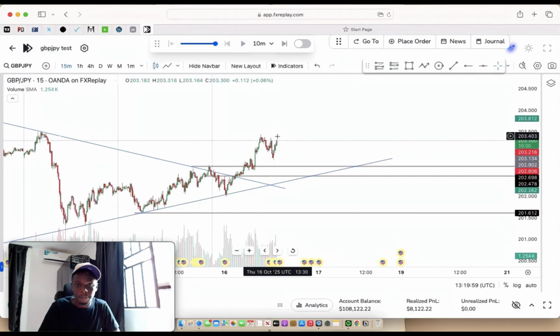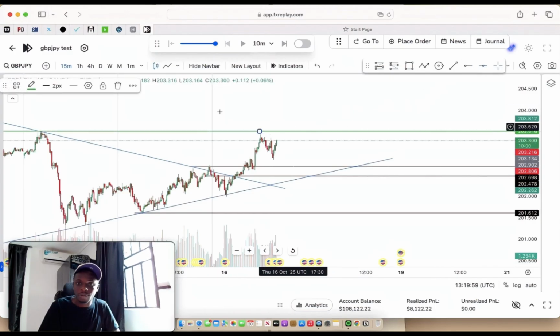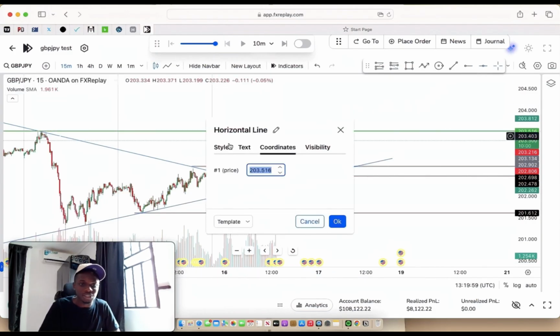What's happening? The touch point. No. We got a key level, this level. We got 2035 here. That's a potential entry, which doesn't make sense because there's a resistance here, right?